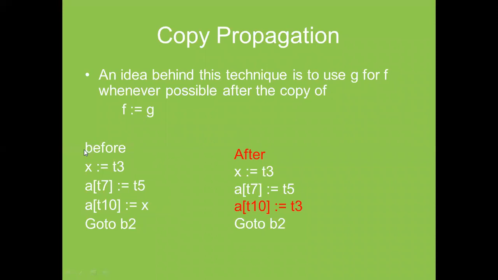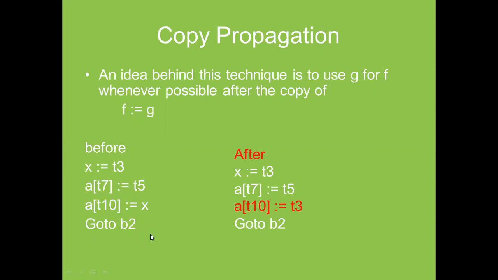This is just a portion, a part or section of a source program, a basic block of the source code. Here it is written go to B2: you have to jump to another basic block, B2. Now you can read x = t3, t7 = t5, t10 = x again, and go to B2.